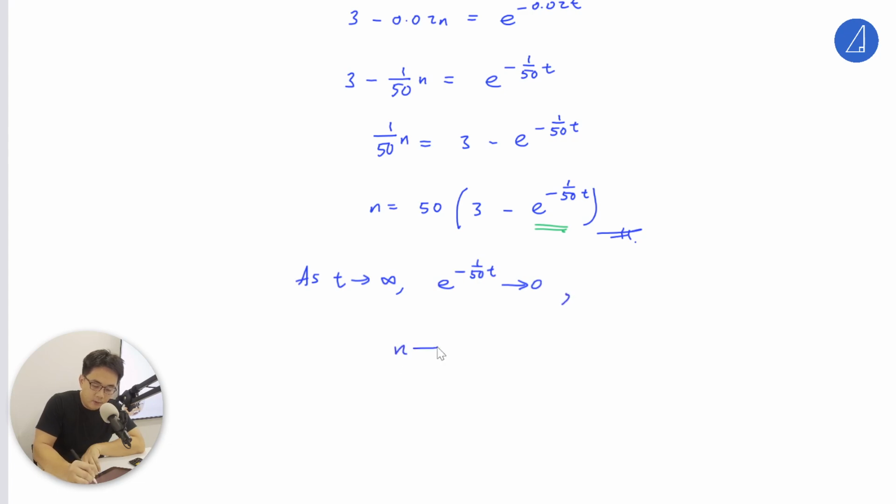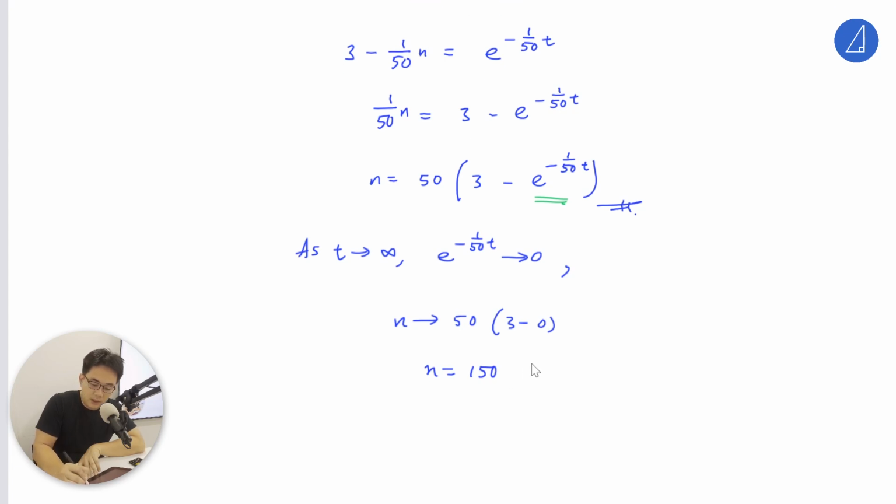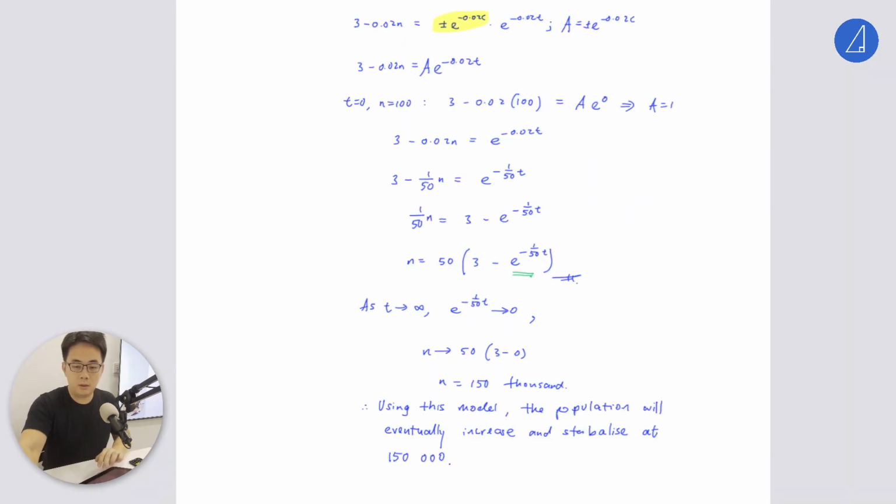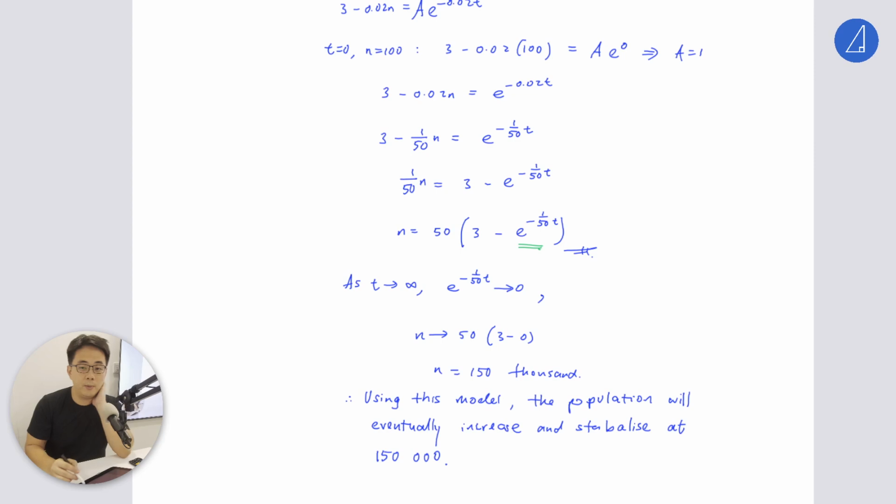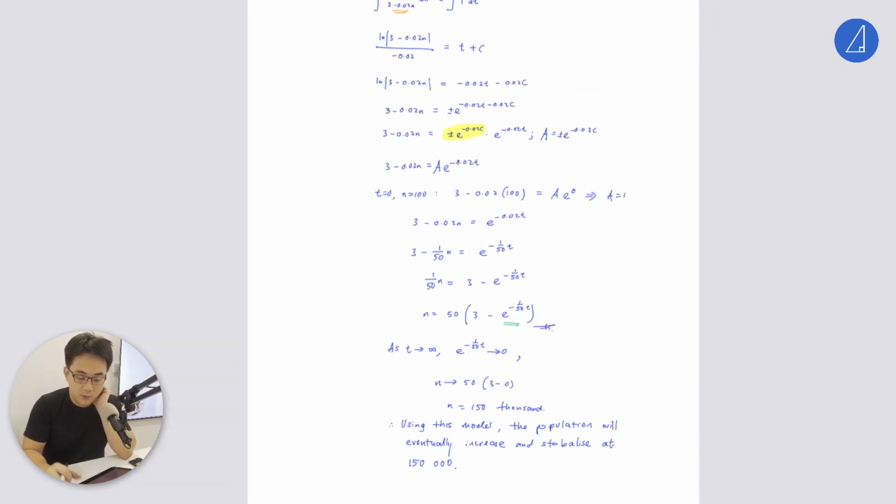So N will be 150 minus 0, so N will become 150. This is in thousands, right? So the population will approach a steady state of 150,000. That's it. So using this model, the population will eventually increase and stabilize at 150,000. So that's how we do this question here.